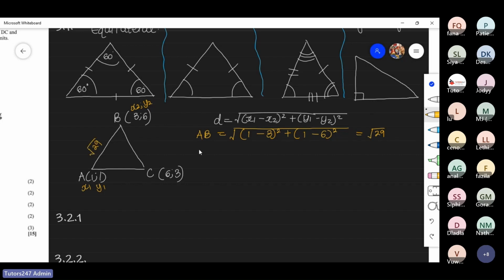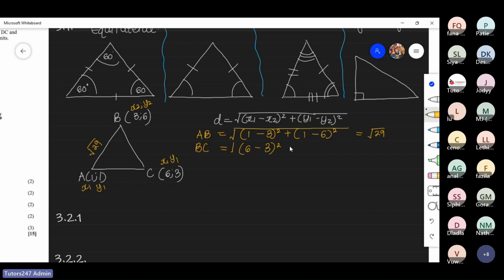Let us now calculate BC. So because I've already denoted B as x2, y2, I'll make C x1, y1. So let's see, we've got x1, which is 6, minus x2, which is 3. Keep in mind that I'm using B and C's coordinates, okay?